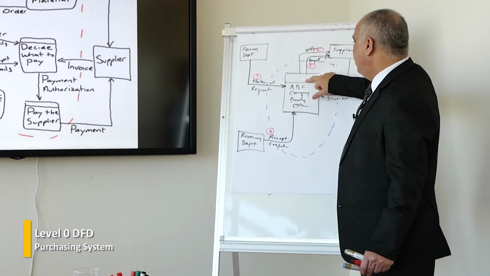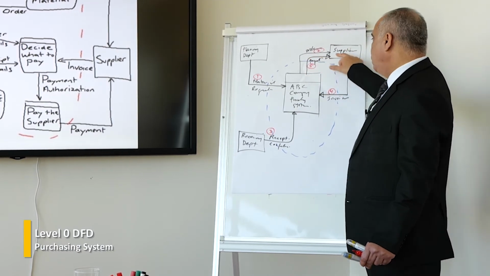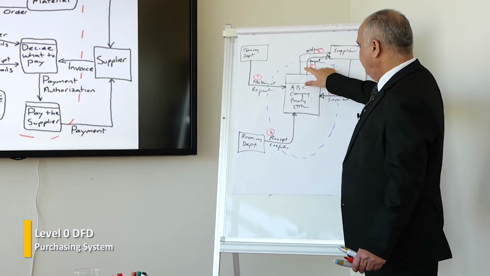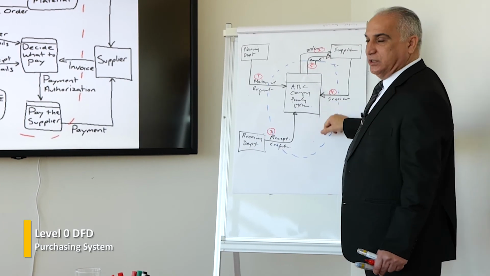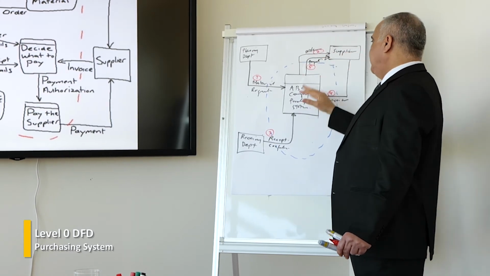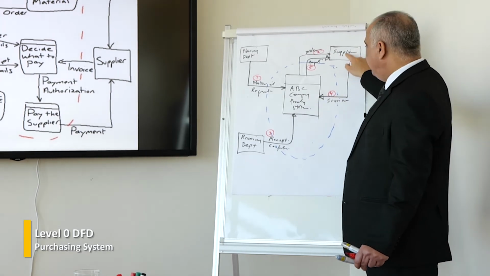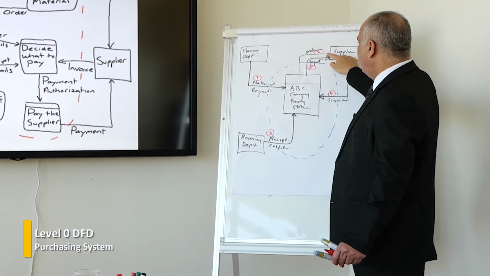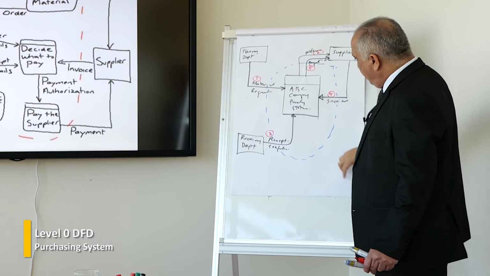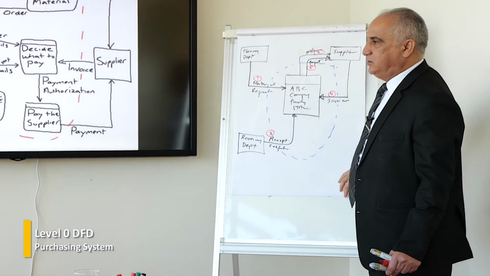If you look at it, payment is generated from the ABC to the supplier. So the direction is very important. System sends out, data gets out; data gets in, feeding in. So this is in, this is out. That's the arrow.